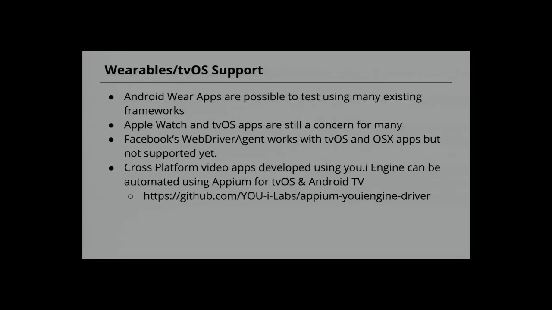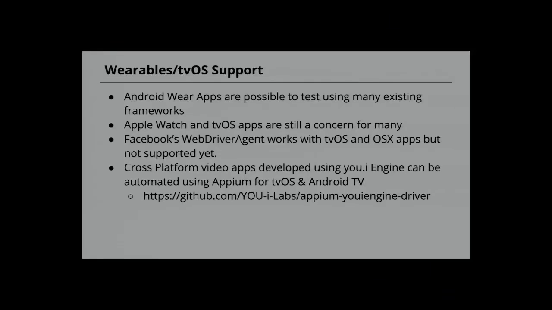Same way, we have a single code base and launch the app on many platforms like Android and iOS. Single code base cross-platform applications written in React Native can be launched on many platforms like Android, iOS, wearables, whatever. Likewise, we have cross-platform video apps developed using a UI engine.